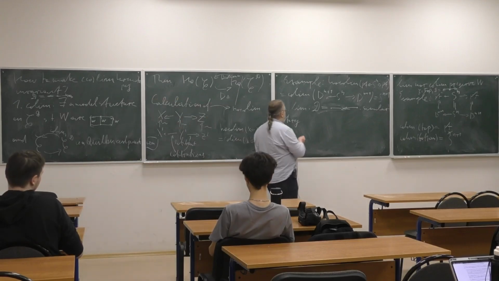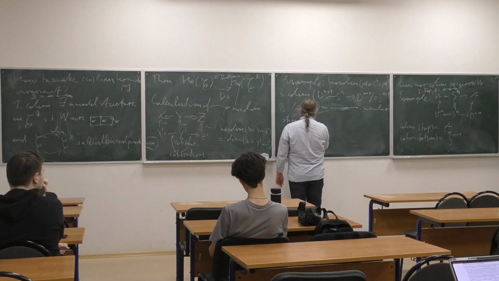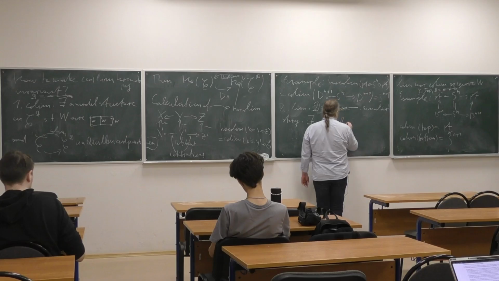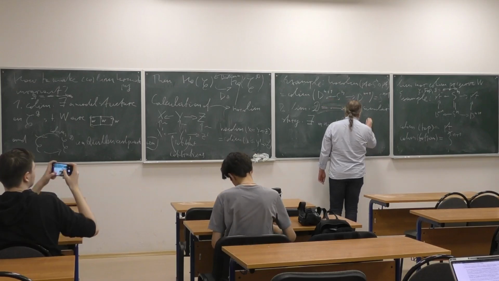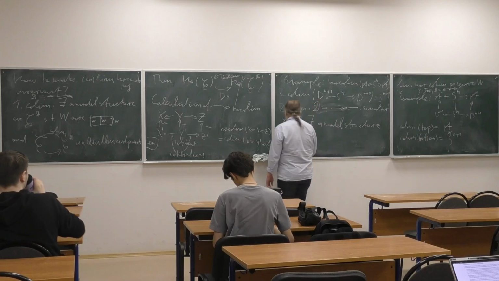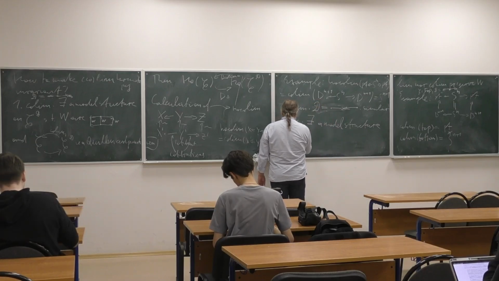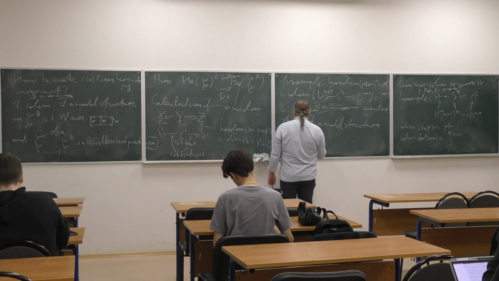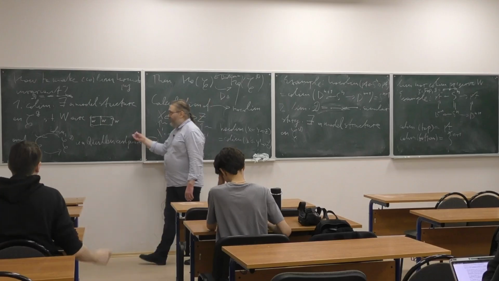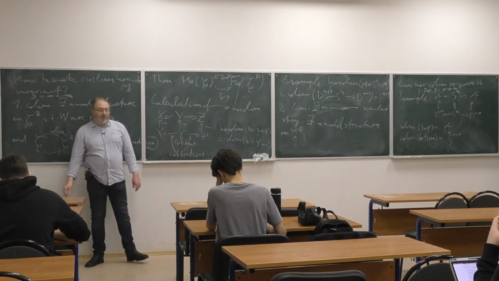Okay, so we claim that there is a model structure on C to the D, which is not in general the same one as the one we started with in the first case.